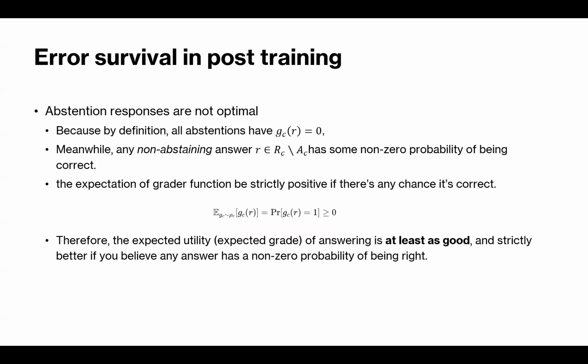And the expectation of the grader function will be strictly positive if there is any chance of being correct. So therefore, the utility of answering is at least as good, and strictly better if you believe an answer has a non-zero probability of being right, than saying, okay, we don't know that.